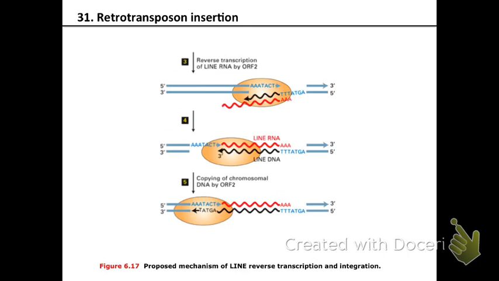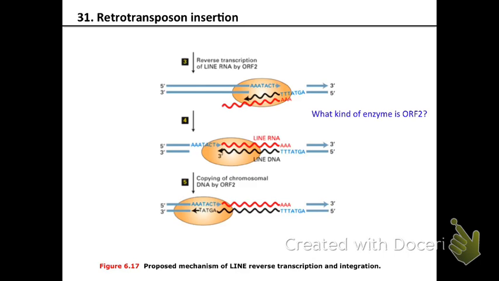So it's going to extend and make the DNA further and further, and as it extends, it's going to make a copy of the RNA, and at the end, it's going to reach the end of the strand that it is using as a primer. Okay, so it basically made a DNA copy of the LINE RNA. So you have a DNA-RNA hybrid in the target site.